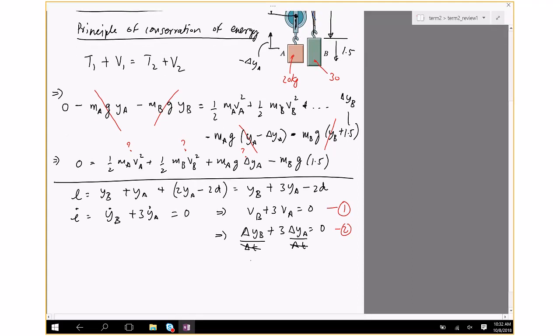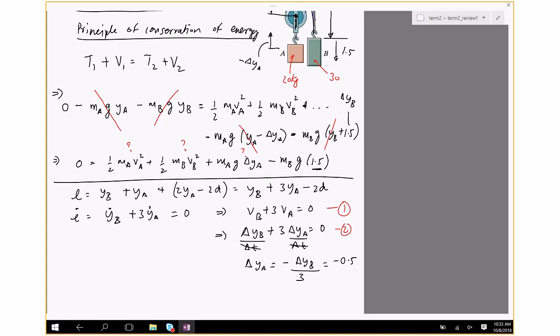So from the second one, I can write delta y_A equals minus delta y_B divided by 3, and delta y_B is 1.5, so minus 0.5. So that is actually telling me that if B goes down 1.5, A would go up by 0.5 meters.